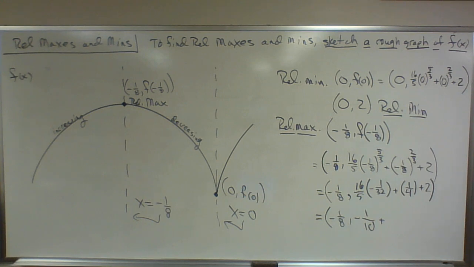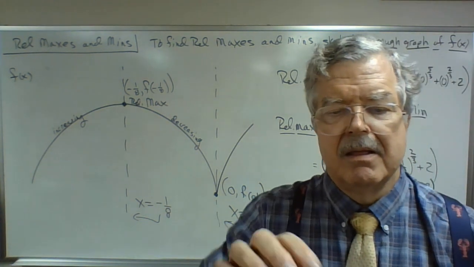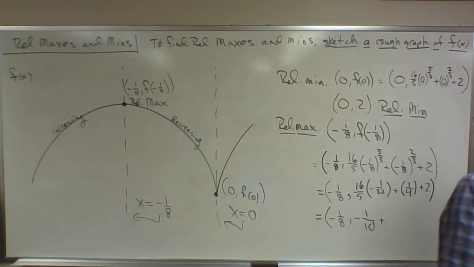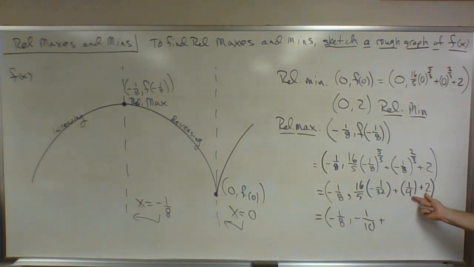Am I missing something, I think. Hold on just a second. I got it. For some reason or other, I was thinking these were multiplied together. Negative 1/10 plus 1/4.